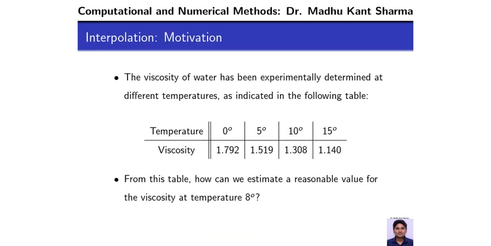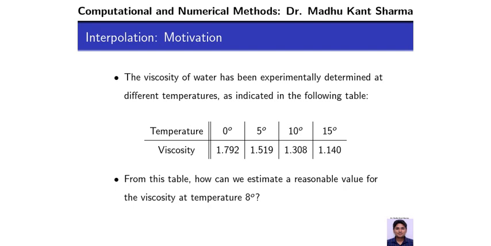So one example from the motivation point of view is here. You have been given a set of points, which is obtained by an experiment, and which gives you the viscosity of water at different temperatures. Now from the above table, how can we estimate a reasonable value for the viscosity at temperature 8 degrees?